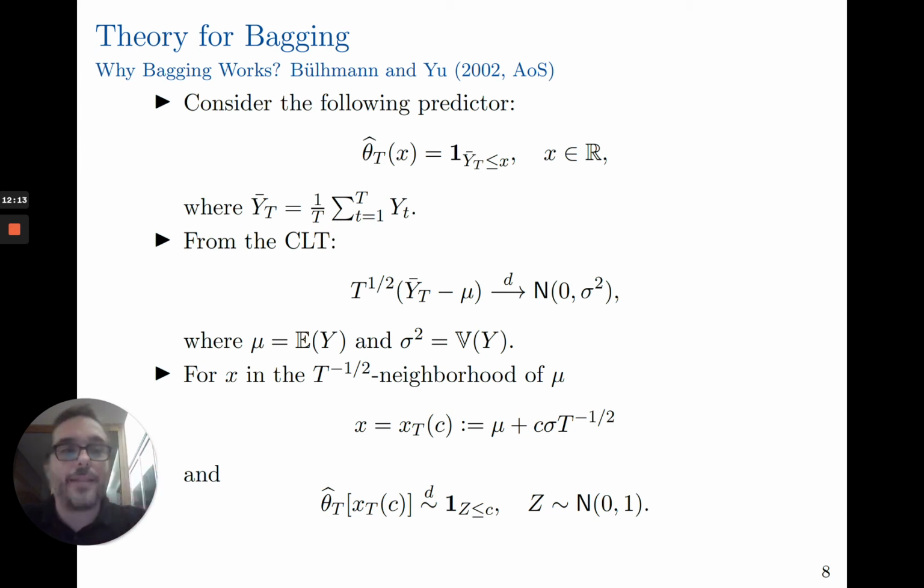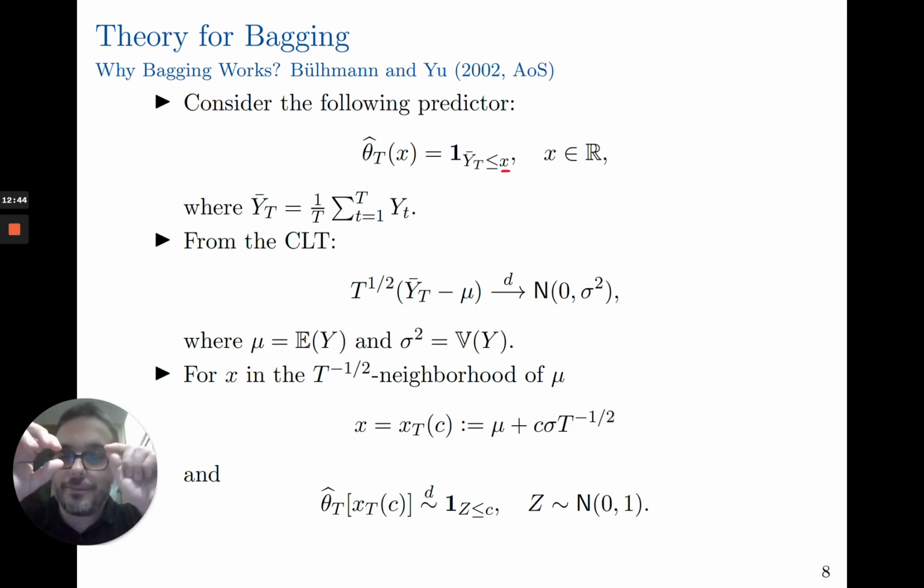All right, so now let's do the following. Let's take x as this threshold, where if y bar is below x, the function will be 1. If it's larger than x, it will be 0. And let's take an x in the neighborhood of mu. Why is that? Because we know that y bar minus mu has mean 0 asymptotically, so it is around 0.